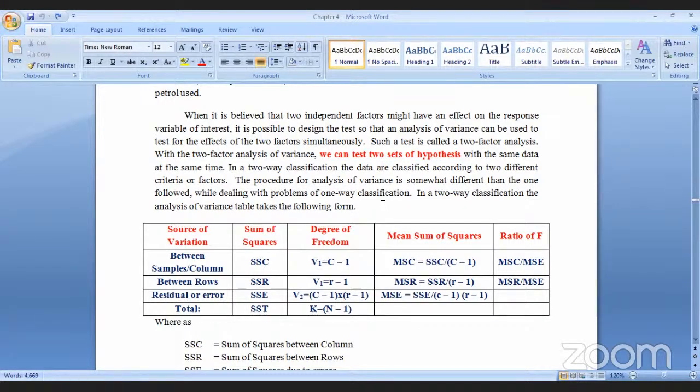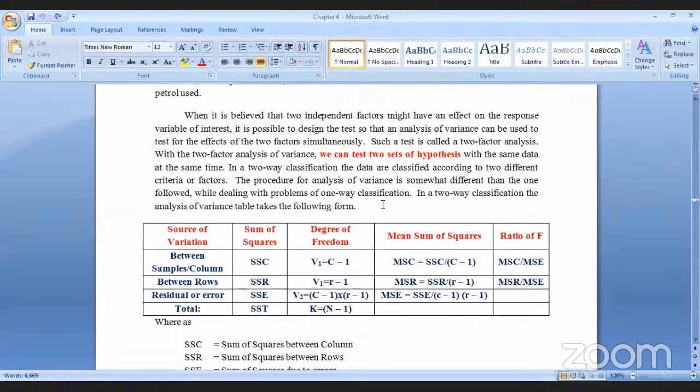In one-way classification, it is between samples and within samples. In two-way classification, it is between samples or between columns, between rows, and residual or error. So here SSC, V1 is equal to C minus 1, MSC is equal to SSC by C minus 1, then F is MSC divided by MSE. Then between rows, SSR, V1 is equal to R minus 1, MSR is equal to SSR by R minus 1, and F is MSR divided by MSE.